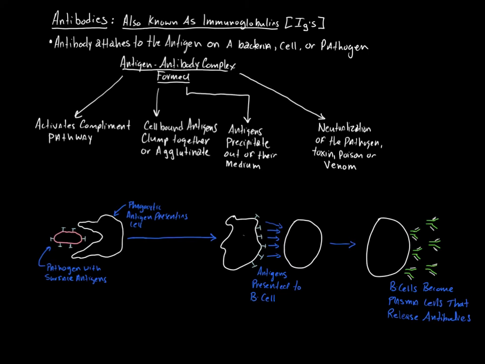In addition, antibodies are very good at direct neutralization of certain pathogens, toxins, poisons, and venoms. When I talk about poisonous versus venomous, particularly in response to animals, there is actually a difference, and the fundamental difference has to do with the delivery mechanism.